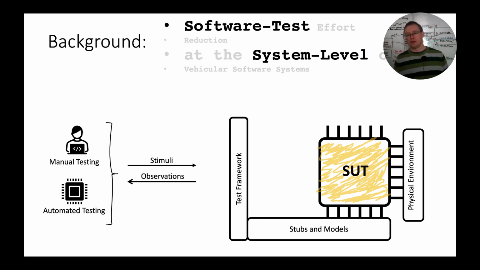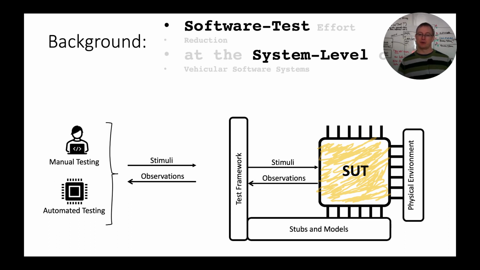Also at the system level, you can do this on hardware or in simulators in different grades. And often you have a test framework that abstracts this away. As a tester, you still do manual testing or automated testing. The test framework would then adapt how to send stimuli and observations to the system under test, depending on if it's hardware or if it's running in a software simulator.